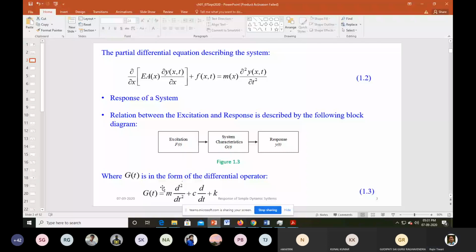So this is a differential operator, which we are representing as the system property, containing the mass, damping, and stiffness. Different systems will have different such operators, especially the continuous systems, where it will be different.